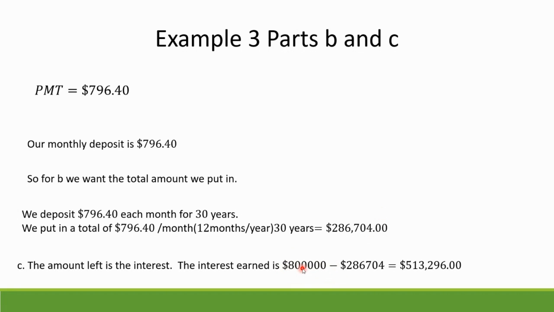But let's subtract off how much we put in. Because if we subtract that off, whatever's left over came from interest. That's what I'm doing here, and we get this. So this is the interest. All right. Are there any questions about this one?